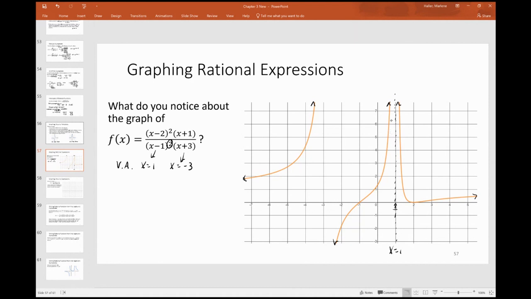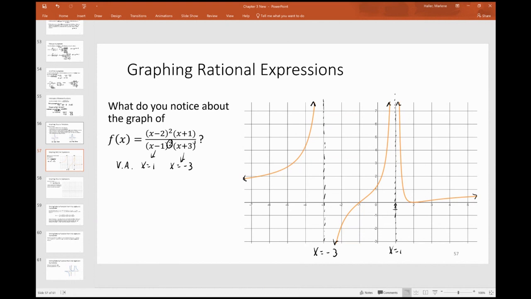It's going in the same direction because of the even degree on that factor. Now, at the vertical asymptote of x equals -3, that one is right here, we can see that the graph goes to opposite infinities. The graph goes off to opposite infinities because the degree, of course, is odd. It's a degree 1, which is an odd number.